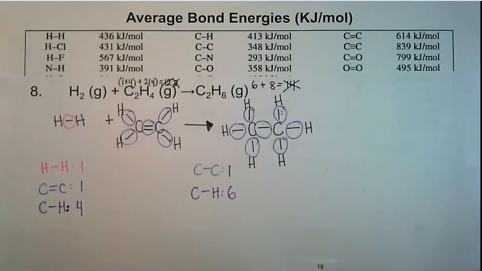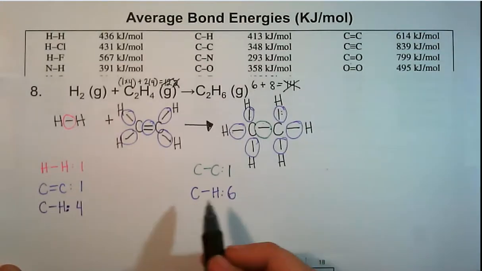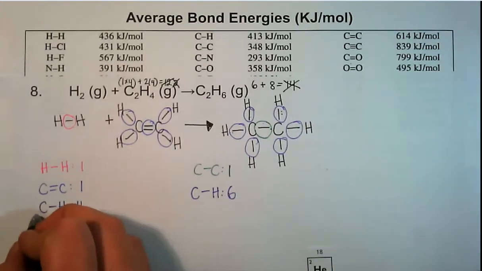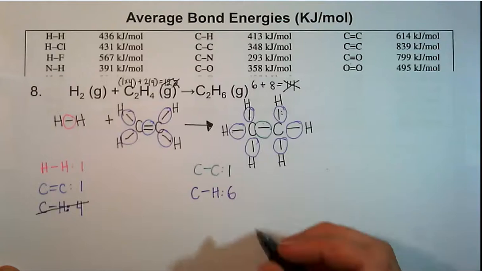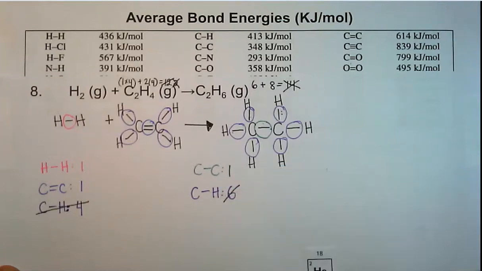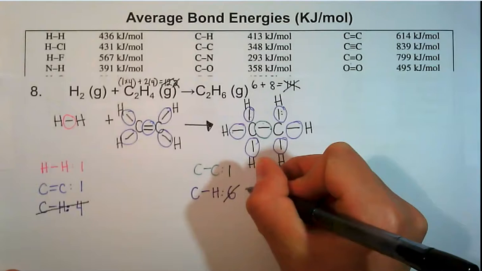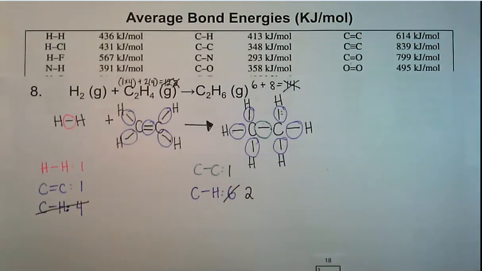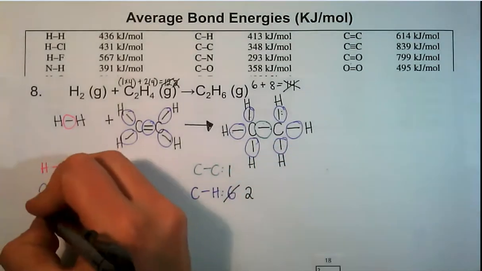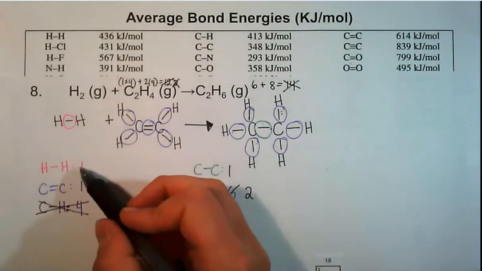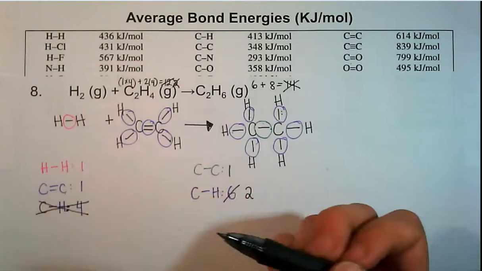So we can cancel out some of these carbon-hydrogen bonds. If we have 6 on our product side and 4 on our reactant side, this 4 is going to completely cancel out. And then instead of having 6 that we need to add into our math problem here, we only have 2 of those left. So that simplifies just a little bit. These are canceled out. Let's add up the hydrogen-hydrogen and the carbon-carbon double bond.